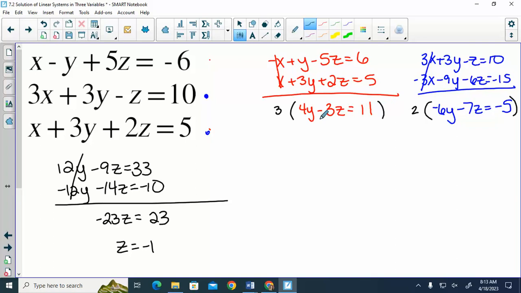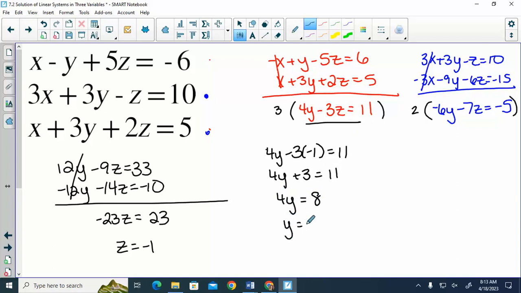So now plug it back into one of these. So if I just go with that one. So we get 4y plus 3 equals 11. So y equals 2.